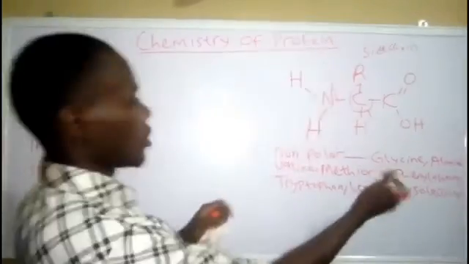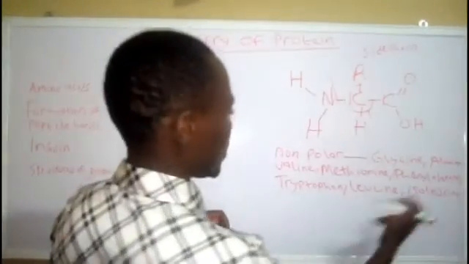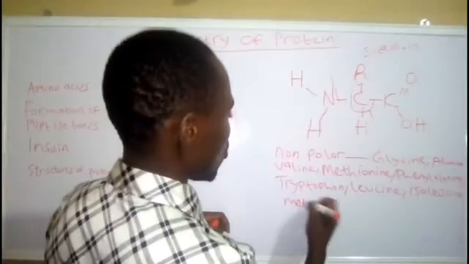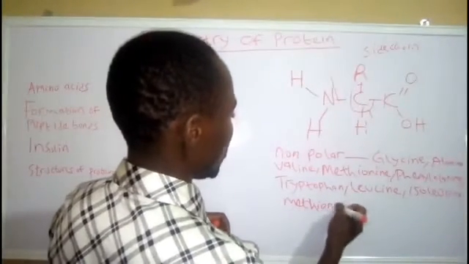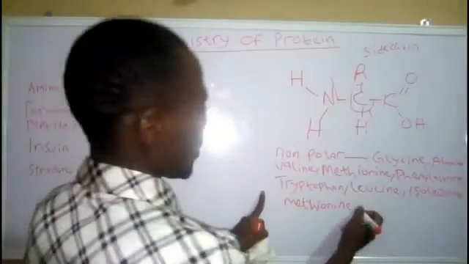So these are the amino acids: 1, 2, 3, 4, 5, 6, 7, 8. So we also have the methionine. So these are the non-polar amino acids.